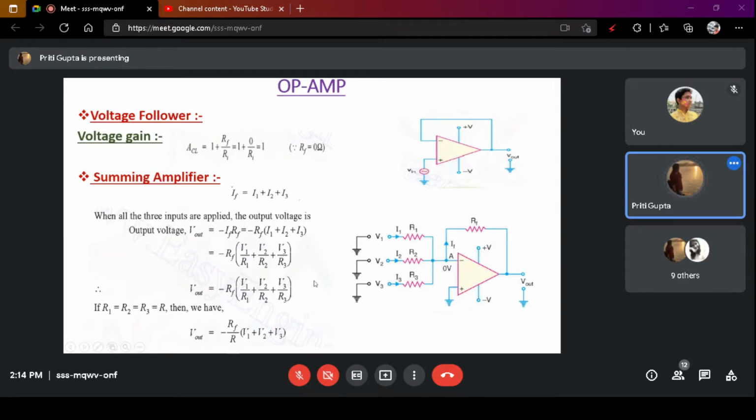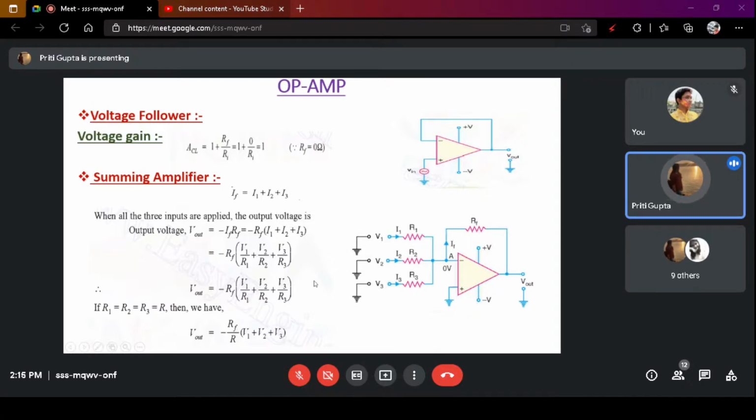Okay, no issues. Summing amplifier means basically it will work as an addition of all the currents. Here we have taken 3 input terminals: at terminal 1, voltage is V1, current is I1, resistance is R1. At terminal 2, voltage is V2, current is I2, resistance is R2. At terminal 3, voltage is V3, current is I3 and resistance is R3.